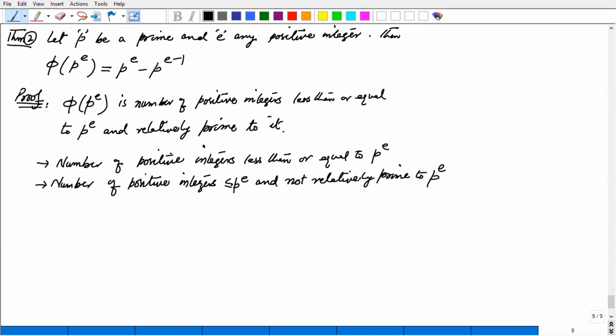How can we compute them? The positive integers less than or equal to P to the power E and not relatively prime are all multiples of P. So you can count them. One of them is P, which is not relatively prime to P to the power E because their GCD must be P. Then 2P, similarly 3P, and so on up to P to the power E.